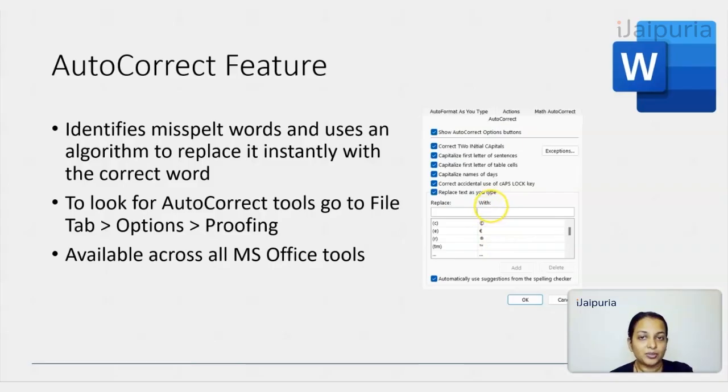Apart from that, if you want to replace some words, you can do that by entering the different word within the Replace text box and the newer word within the With text box. Once you click OK, the same can be seen whenever you type. So we are going to look into how we can make use of all these features in Microsoft Word.